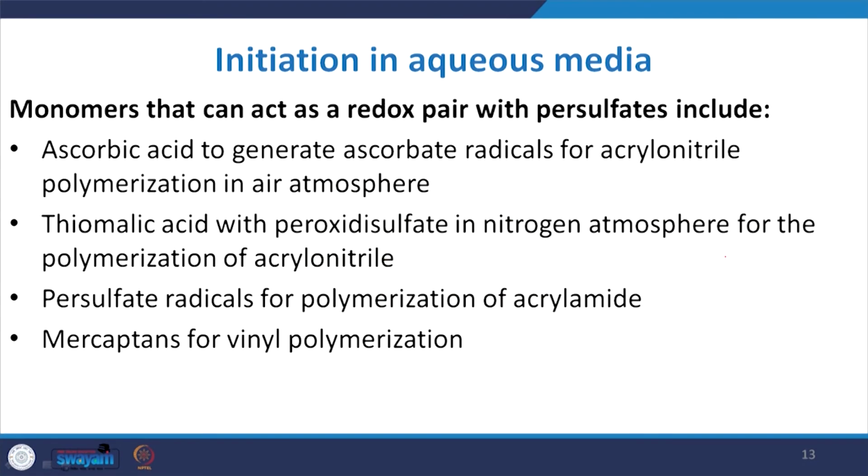Now, at last we can discuss the monomers that can act as a redox pair with the persulfates. Ascorbic acid generates ascorbate radicals for acrylonitrile polymerization in air atmosphere. It is a very useful and important concept.